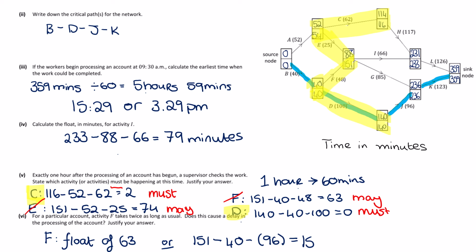So there are two different ways you can think about it. Does it cause a delay? No. Make sure you answer the question. Either you look at the float of 63 versus its duration, or you calculate a new float for it.